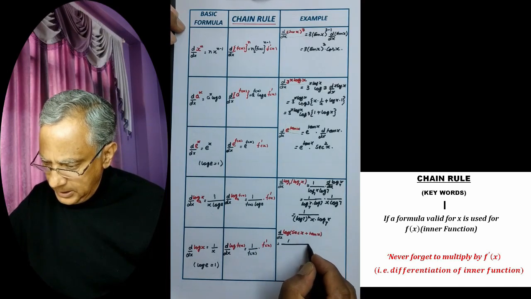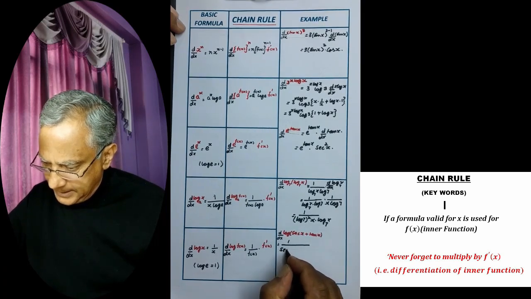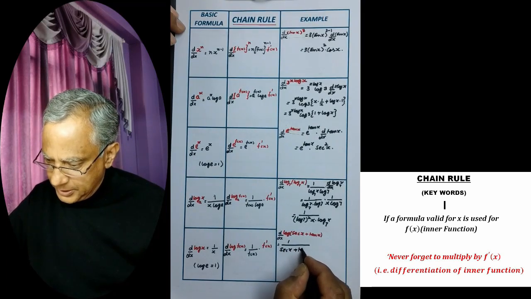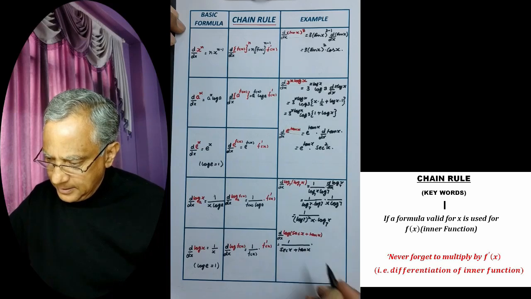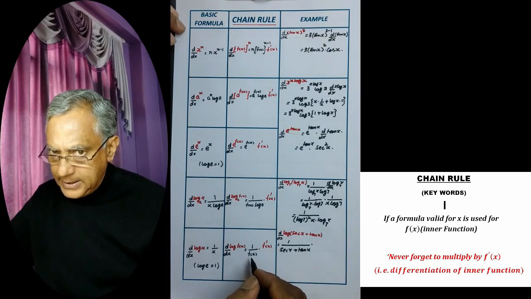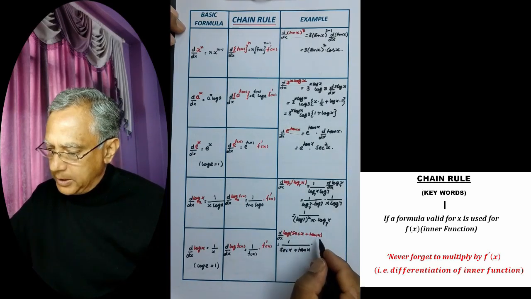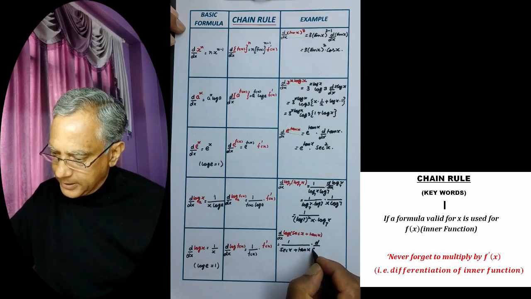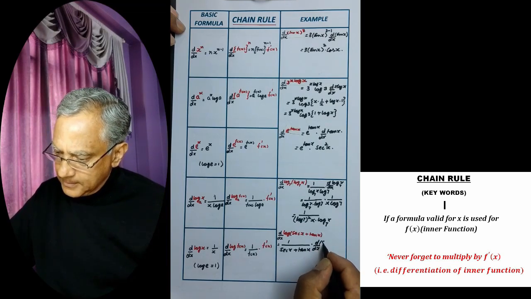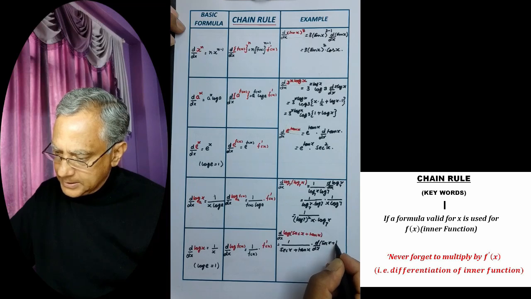So 1 upon secant x plus tangent x, and never forget to multiply by d by dx of fx, that is d by dx of secant x plus tangent x.